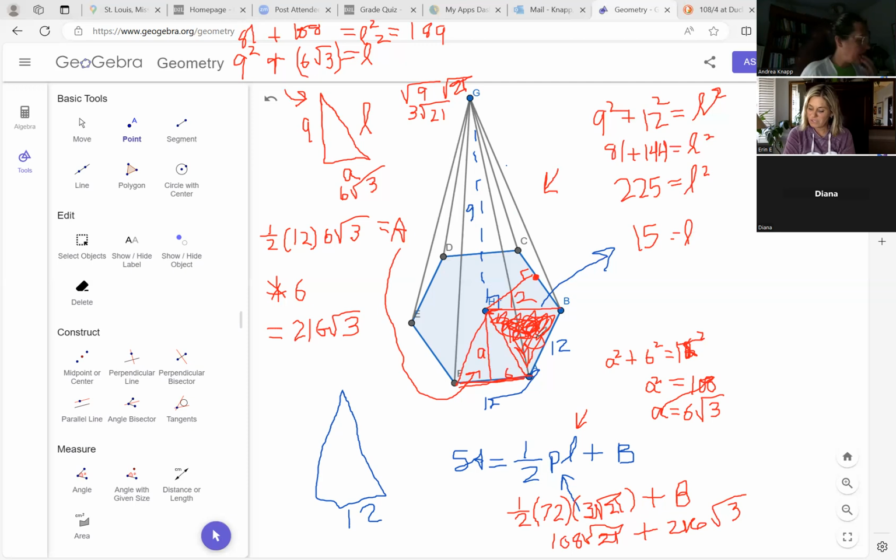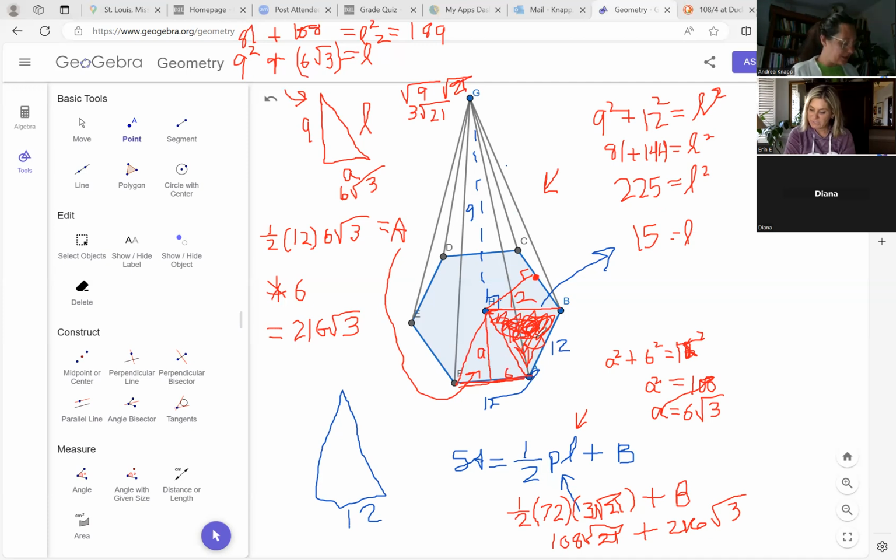Did you have a formula for the entire area of the hexagon without doing it piece by piece? I think I did. Hold on, let me see. So I did, no, not the entire 3D shape. So I found the area formula for the hexagon base and then the one for the triangle. And I think that's where I went wrong.